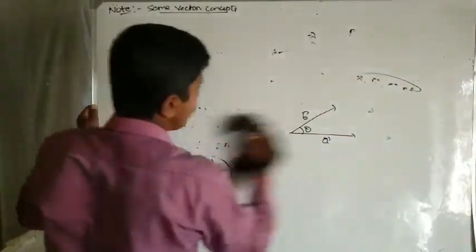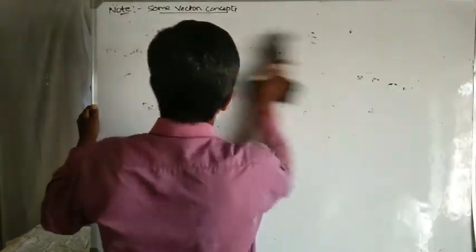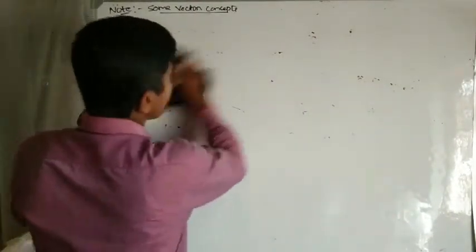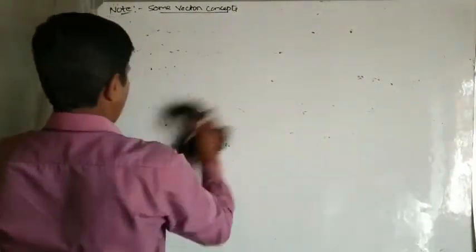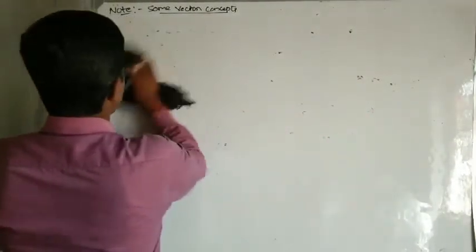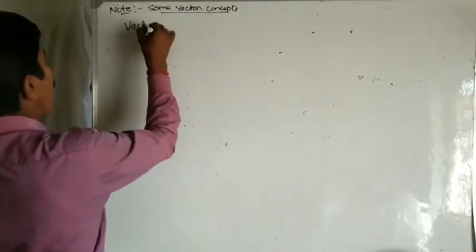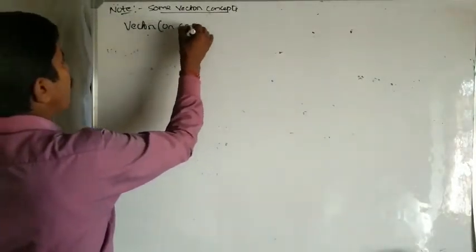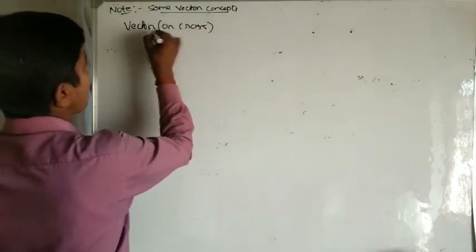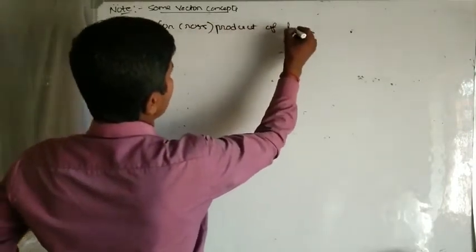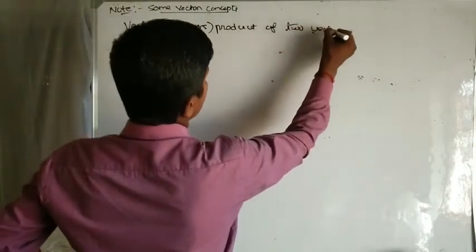So next, cross product of two vectors, or vector product of two vectors.